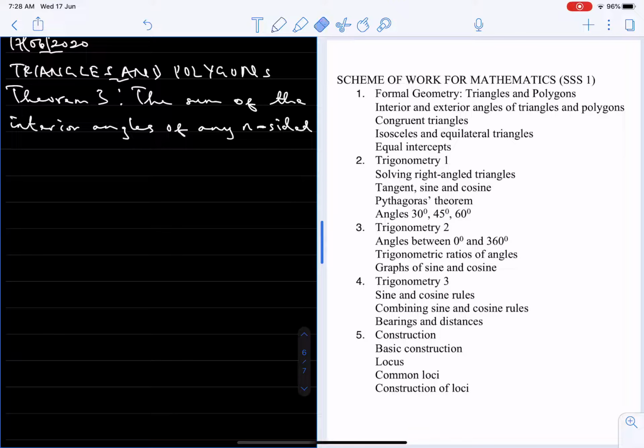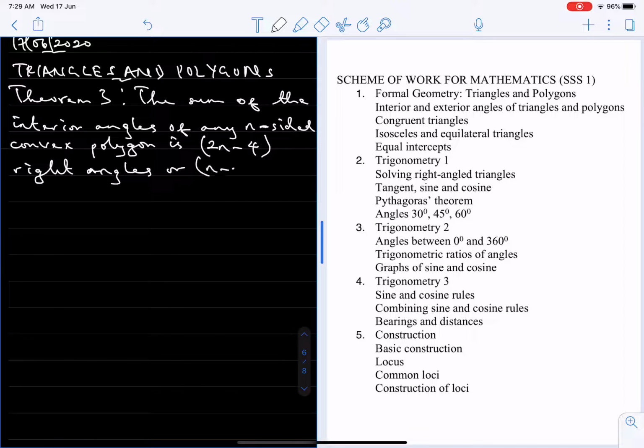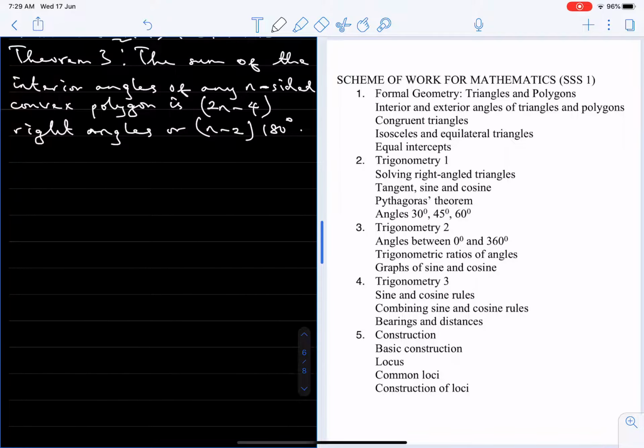The sum of the interior angles of any n-sided convex polygon is 2n minus 4 right angles. And that's the same as n minus 2 times 180 degrees.